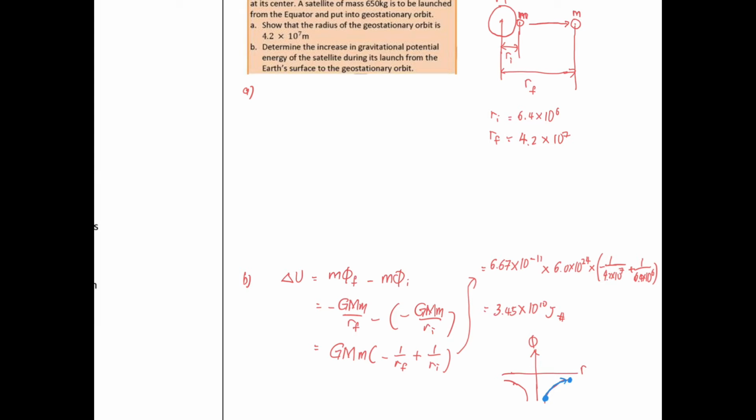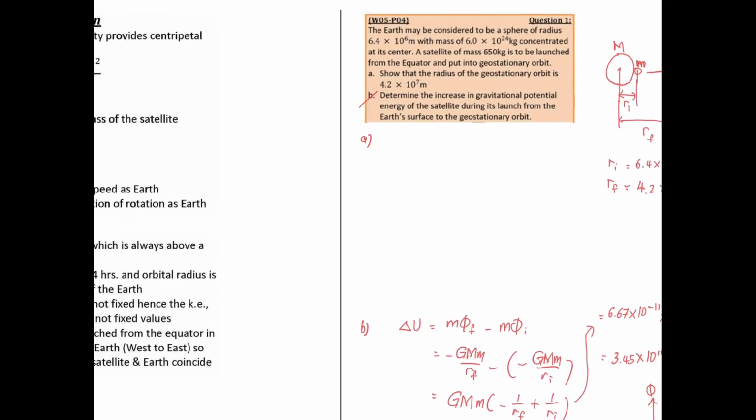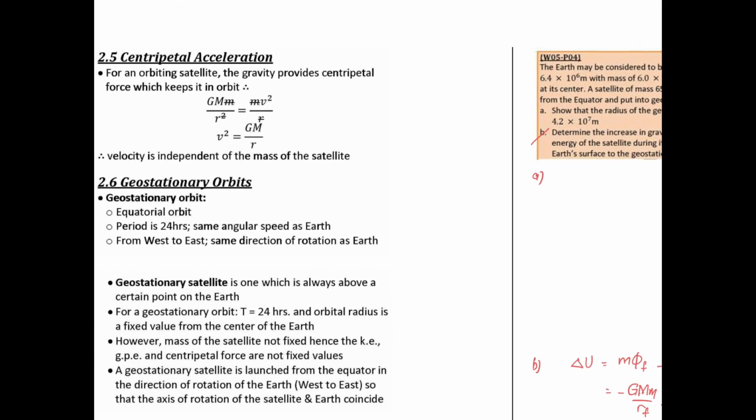When you bring an object towards the Earth, then it goes the other way around, following the black color arrow. So what happens is the gravitational potential energy decreases. So we managed to settle B already. So I mark down first. B settled already. And part A we will discuss after we go through the theory over here.